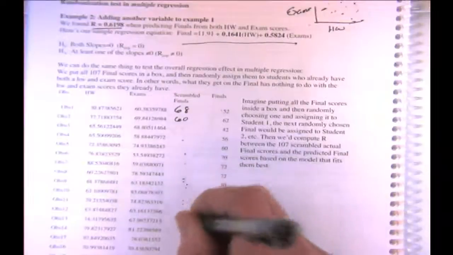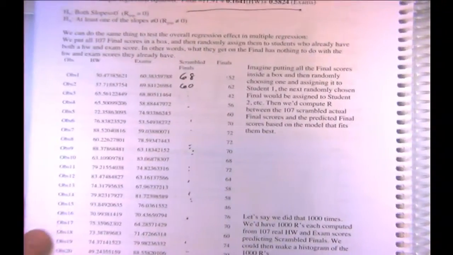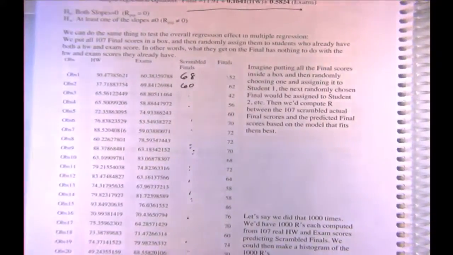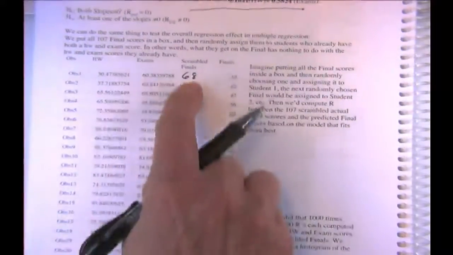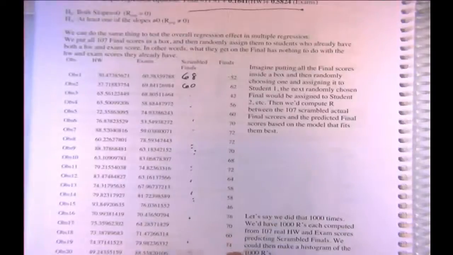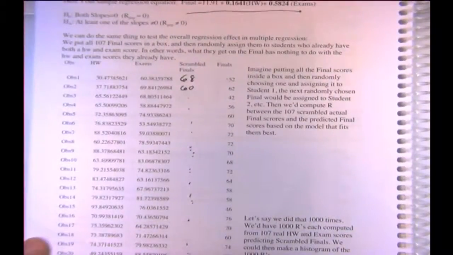And I do that all the way down to the very end, and what I'll be doing is using these scrambled finals. So let's do this. Here's what I did originally. I took these, right?